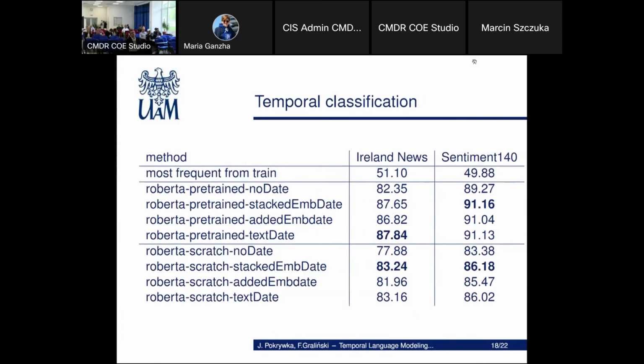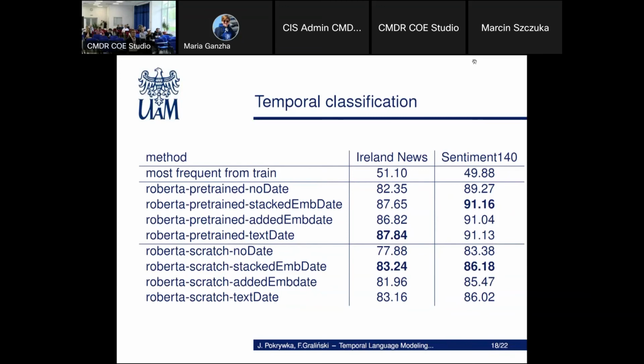It's half, so actually there's nothing. And you use your RoBERTa pre-trained on text data, so you can increase this accuracy, right? Here your number is accuracy or is it the recall? It's accuracy, right? So now you increase your accuracy to 87. Actually, my doubt is why the most frequent from train is only 51.